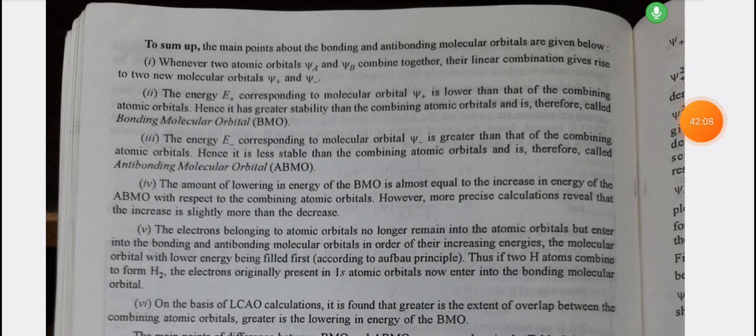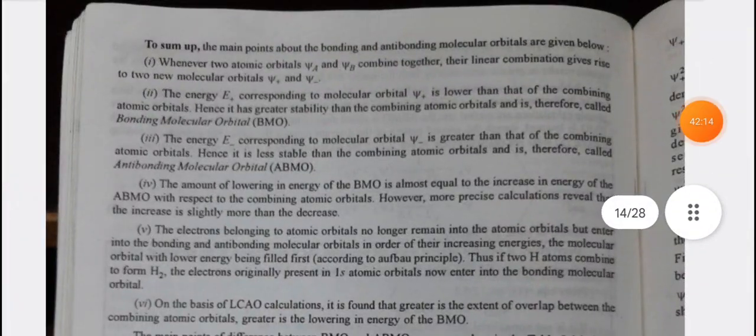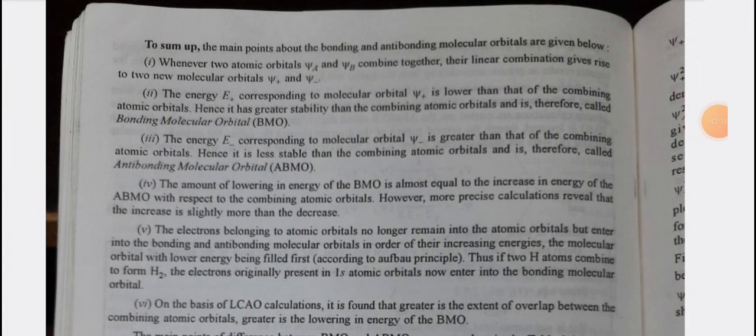To sum up, the main points about the bonding and anti-bonding molecular orbitals are given below. First, whenever two atomic orbitals psi_A and psi_B combine together, their linear combination gives rise to two new molecular orbitals psi+ and psi-. Second, the energy E+ corresponding to the molecular orbital psi+ is lower than that of the combining atomic orbitals. Hence, it has greater stability than the combining atomic orbitals and is therefore called the bonding molecular orbital.